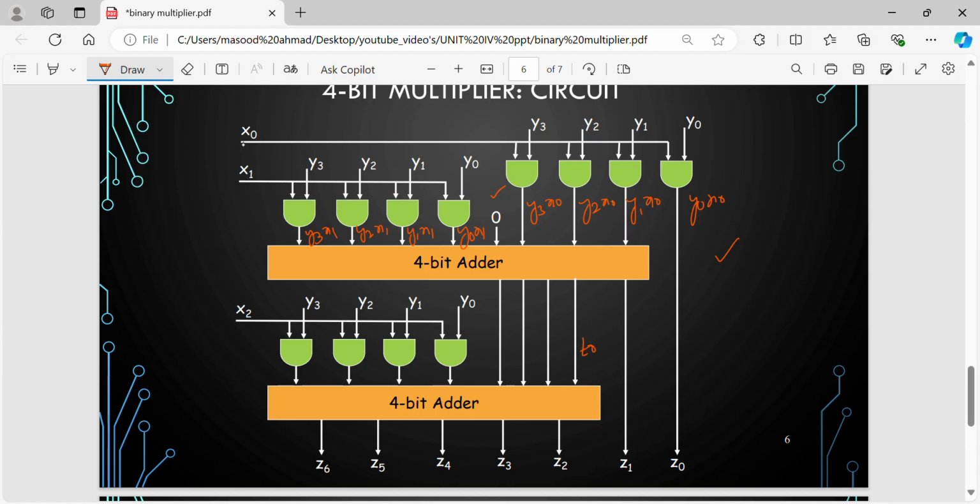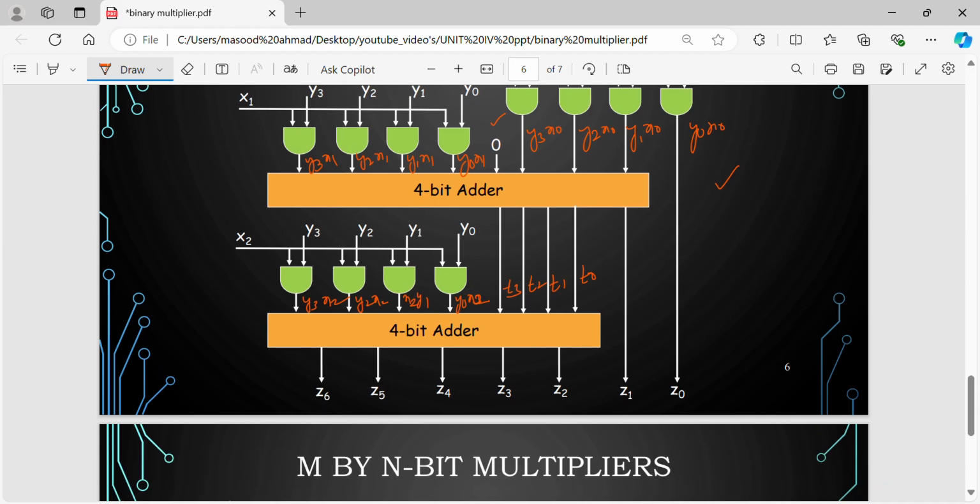So this may be T0, T1, T2, T3, and x2 ANDed with y0, so it is y0 x2, y1 x2, y2 x2, y3 x2. If we add them, what we are going to get is the overall result.